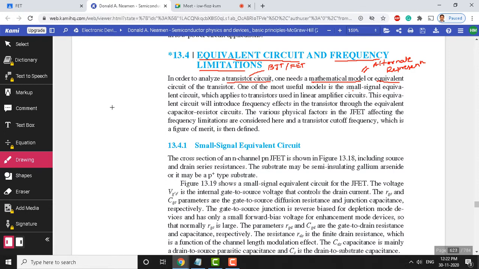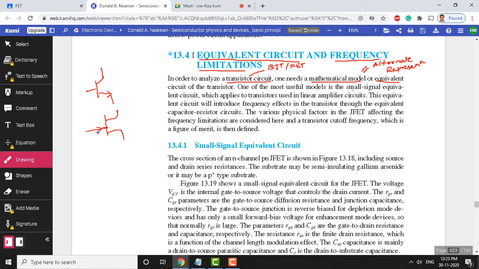So, many times we develop the equivalent circuit for BJT, okay, and the JFET. Okay. So, this is a JFET representation. Okay, sorry, the JFET we have to show with an arrow mark at the gate terminal. So, this is a JFET representation.